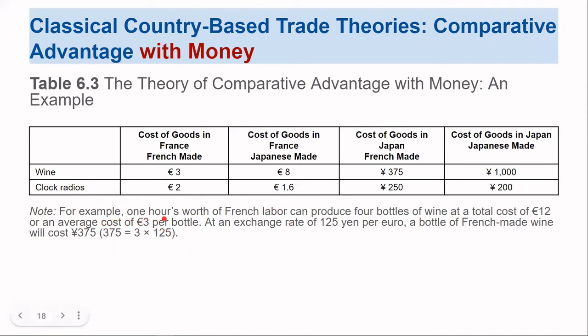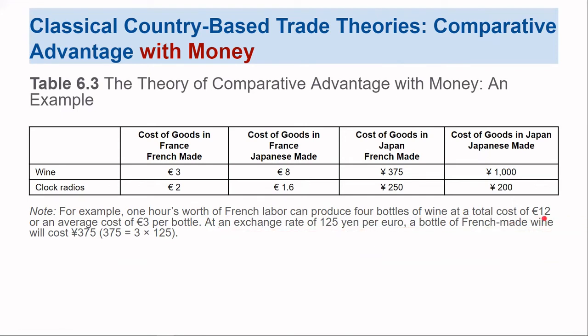Okay, for example, the output per hour of labor in Japan and France for clock radios shown in the earlier table just now, table 6.2. We have included that 1 hour's worth of French labor can produce a bottle of wine at the cost of 12 euros.